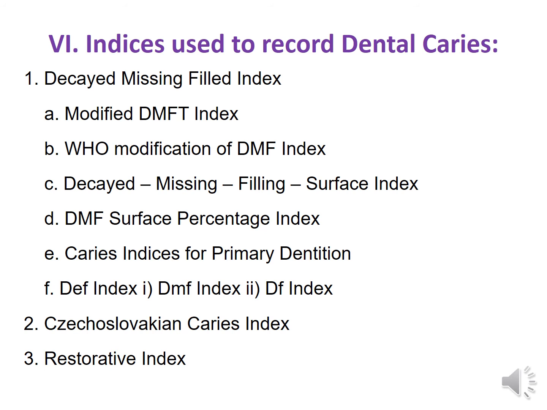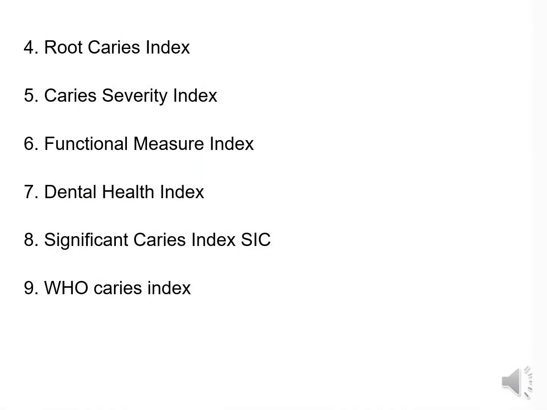DMF surface percentage index, or caries indices for primary dentition, or you have DEF index for primary dentition, DMF index or DF index. Second one, you have Czechoslovakian caries index, and third one, you have restorative index.